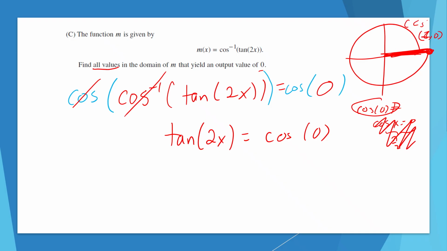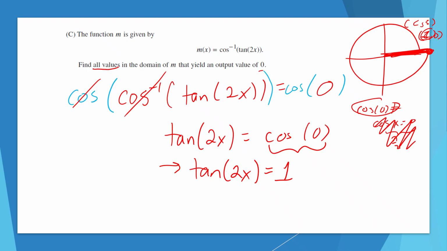And so if it's cosine, sine, cosine of 0 radians should be 1. So I'm going to replace this with the unit circle value of 1. So here we have tangent of 2x equals 1 there.